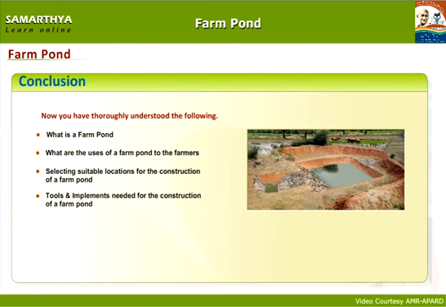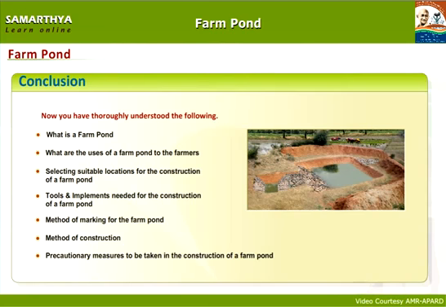Tools and implements needed for the construction of a farm pound. Method of marking for the farm pound. Method of construction. Precautionary measures to be taken in the construction of a farm pound.